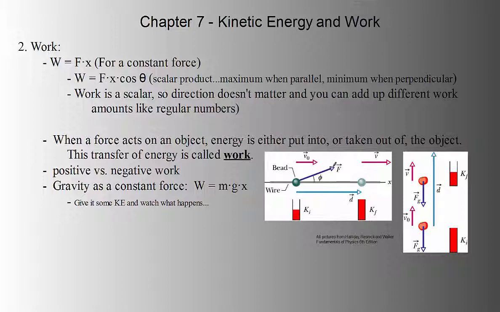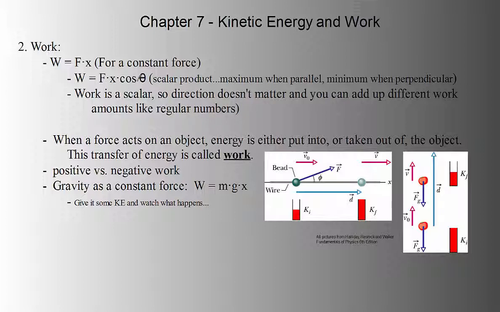And so this force times this displacement is going to give you the work, although this force being at an angle makes things a little more complicated, but we just have to introduce the dot product. When the force and the displacement are not parallel or anti-parallel, if they're any other angle besides that, then you can use this expression: force times the displacement times the cosine of the angle between them.